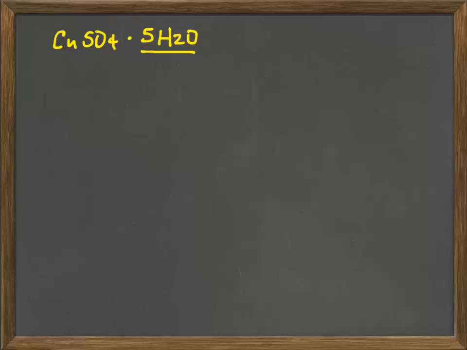So there are 5 water molecules in every formula unit of this. And so you're going to have 5 times the mass of water, which I just happen to remember because I do it so many times, divided by the mass of the copper sulfate. I'm pretty sure this is one of the problems, so I'm not going to do the whole thing for you.